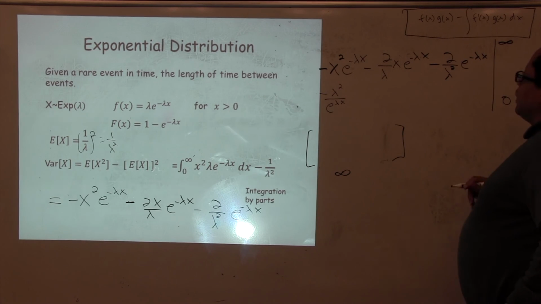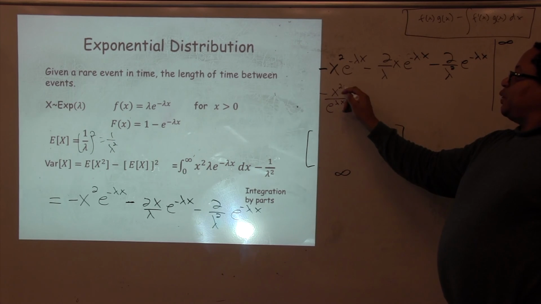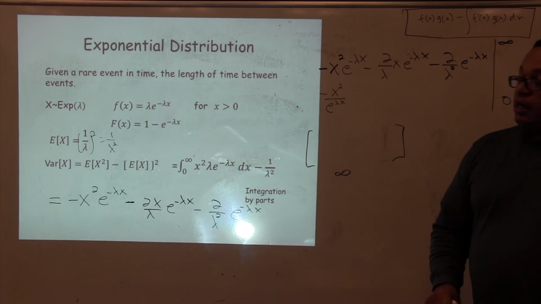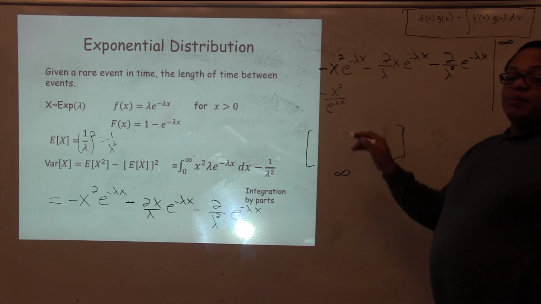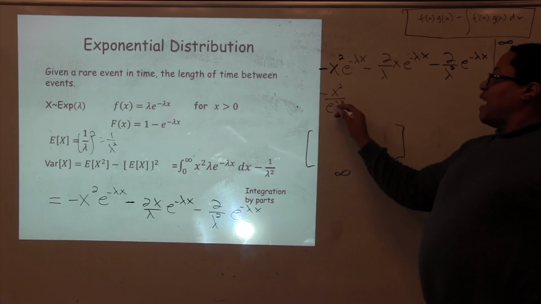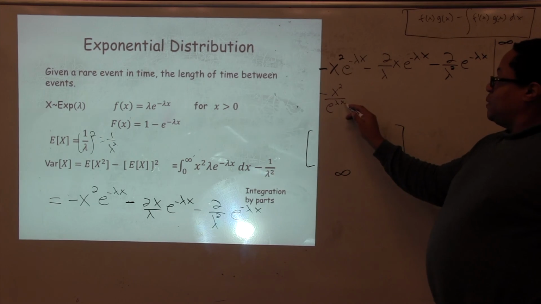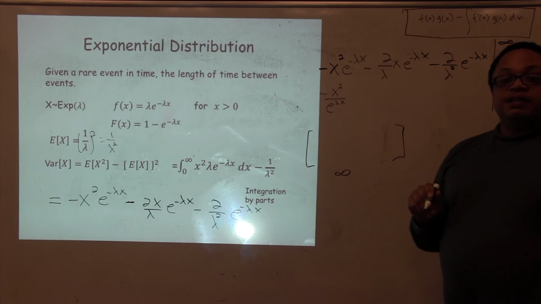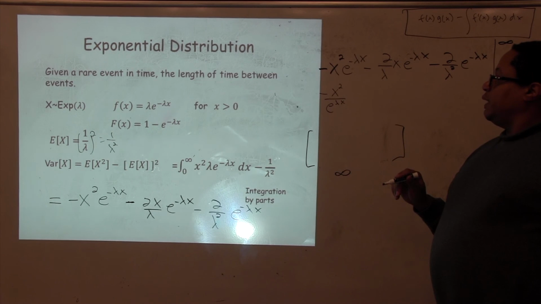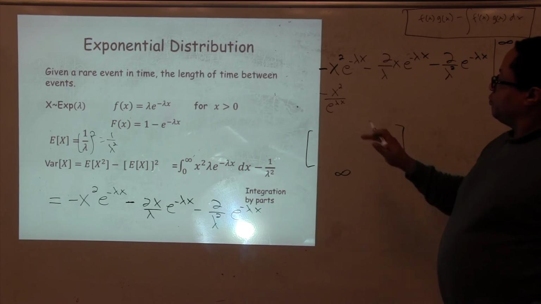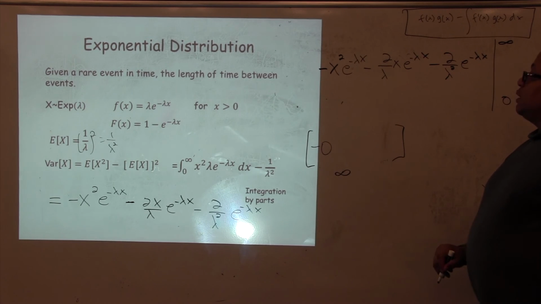If I substitute infinity everywhere I see x for that first term, well, I have an x squared term, ooh, that gets pretty big. But here, I have x in the exponent in the denominator. That increases a lot faster when you exponentiate to the x versus just x squared. So if I make x really big, i.e. approach infinity, the denominator is so much larger than the numerator that it's effectively 0. So this term goes to 0, and I'm going to write minus 0 for that term.